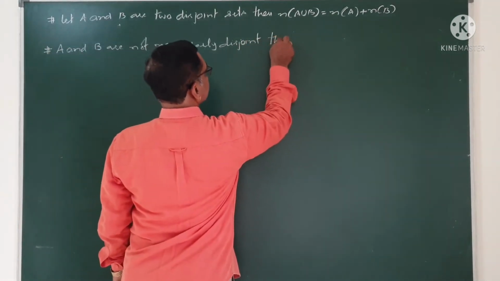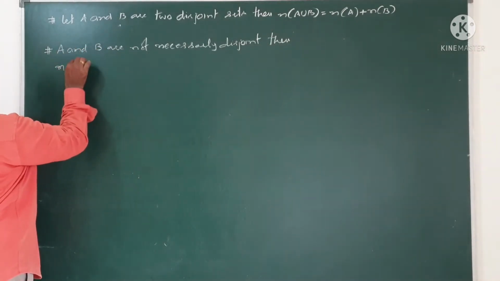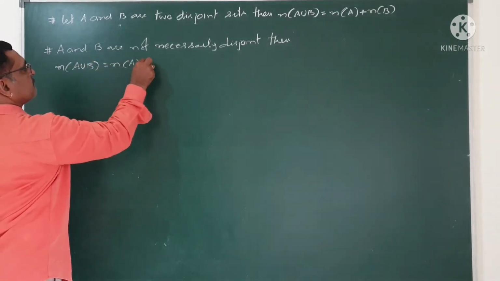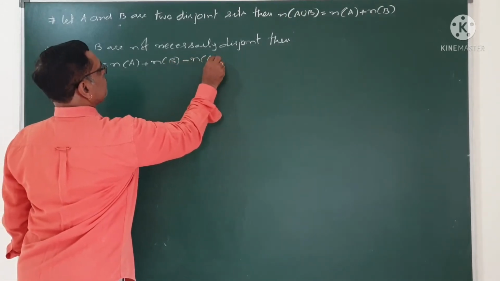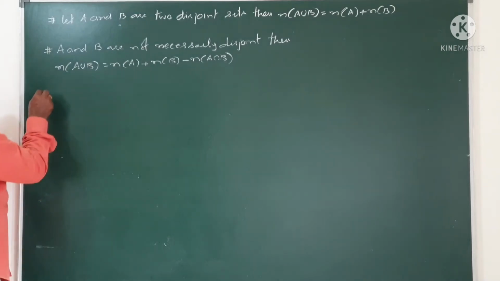Then n of A union B is equal to n of A plus n of B minus n of A intersection B.